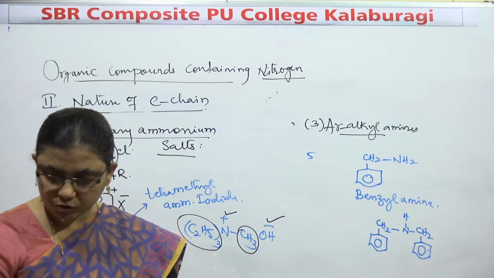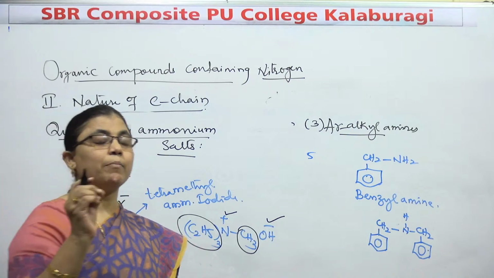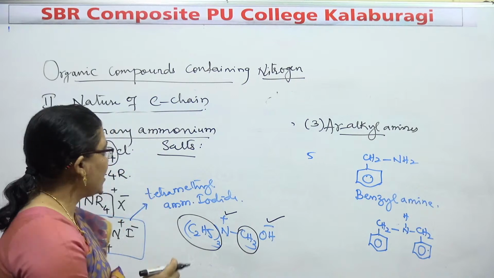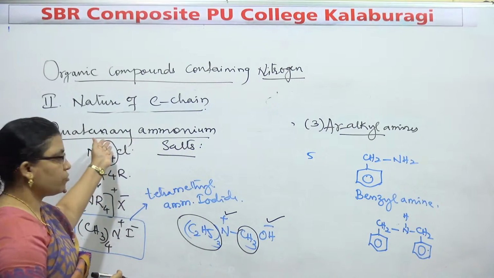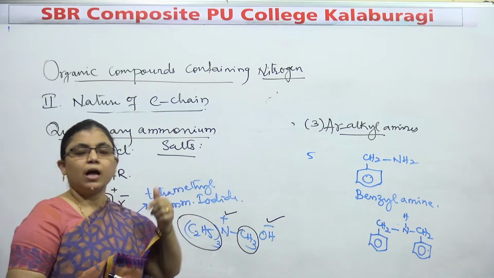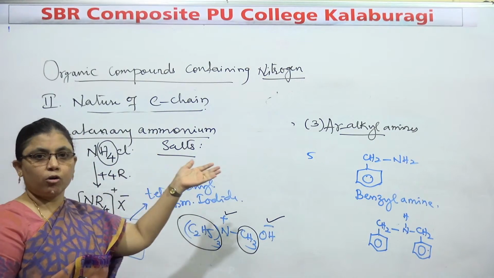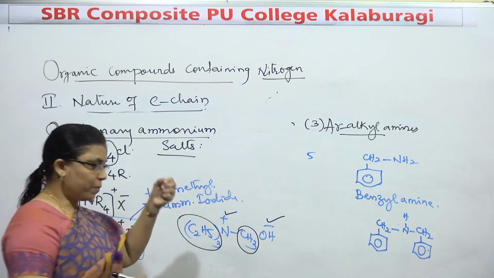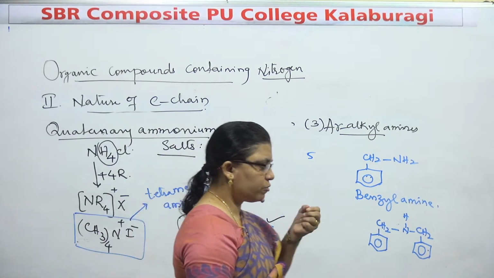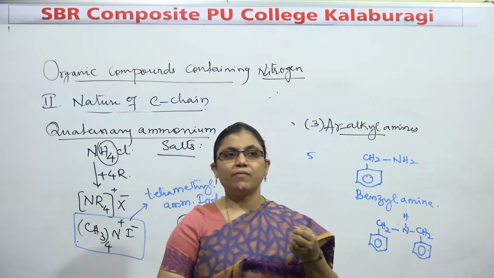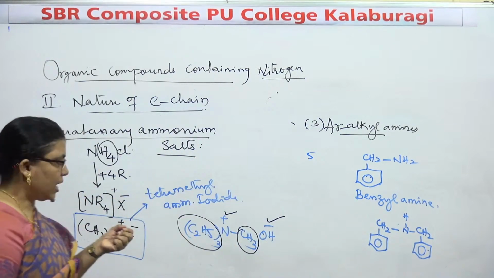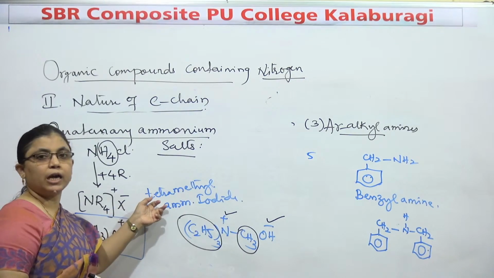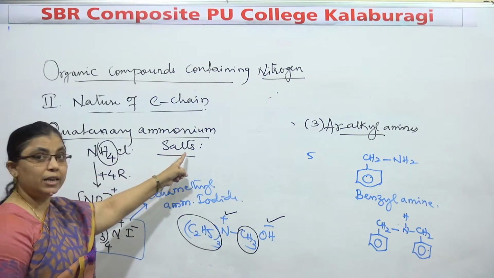So what I mean to say is that amines are not only classified as primary, secondary, tertiary, or on the basis of the nature of carbon atom as alkyl or aryl amine. Due to the presence of a lone pair of electrons on the nitrogen, they also have the character to form quaternary ammonium salt. These are quaternary ammonium salts.